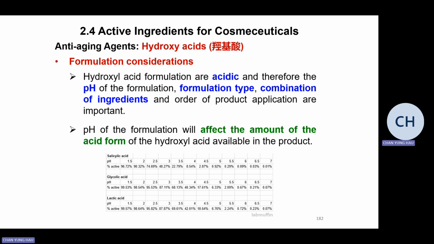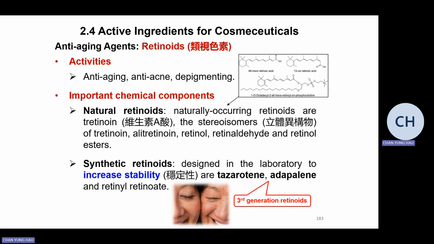So the next type of agent, again, we'll talk about the retinoid. Retinoid appears in the last type of agent, that is anti-acne. We have natural retinoid and synthetic retinoid.